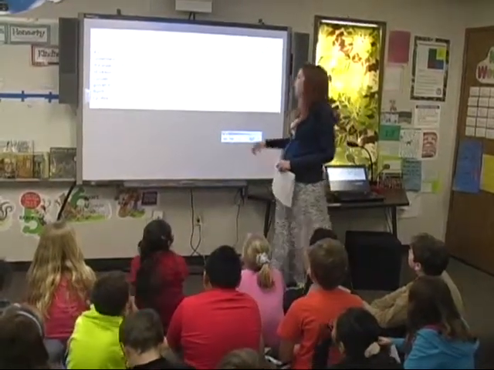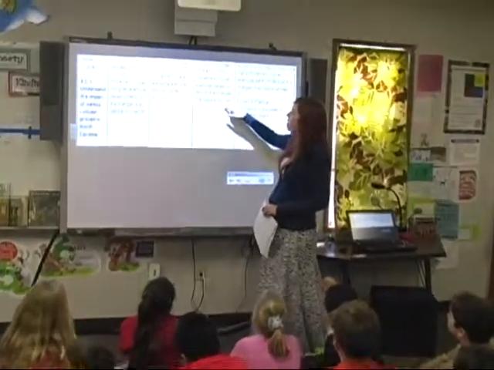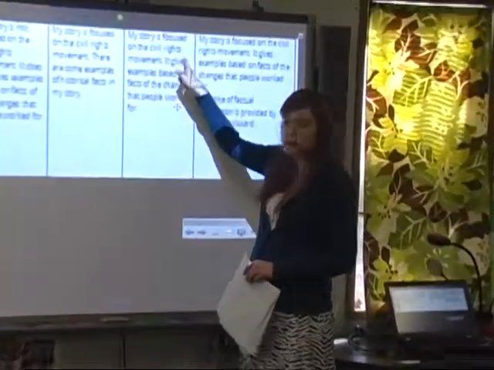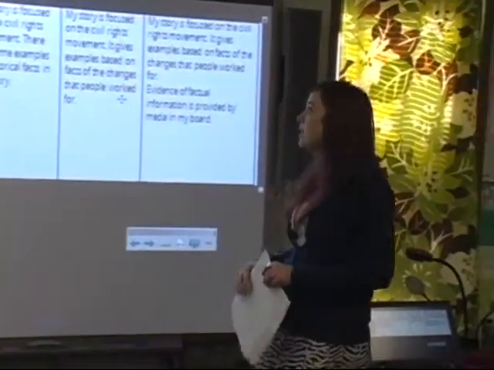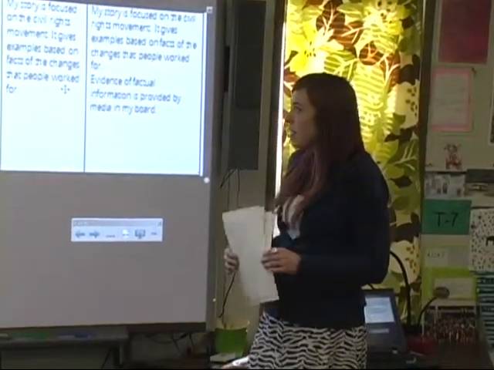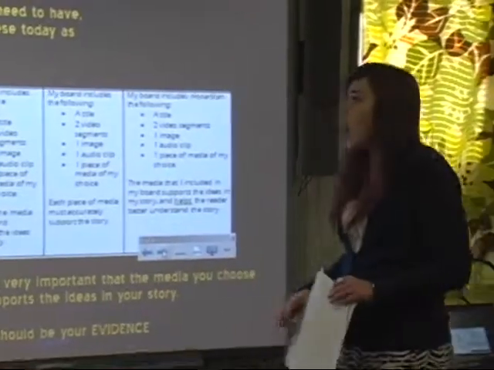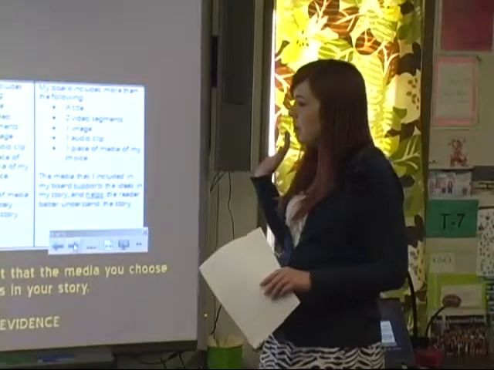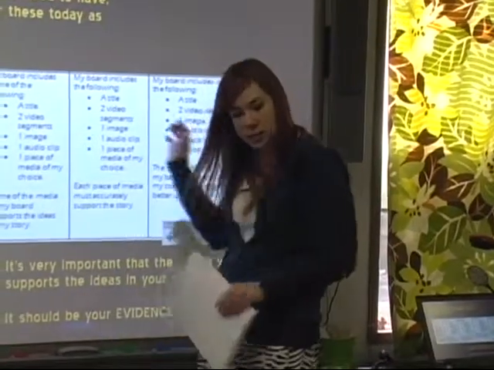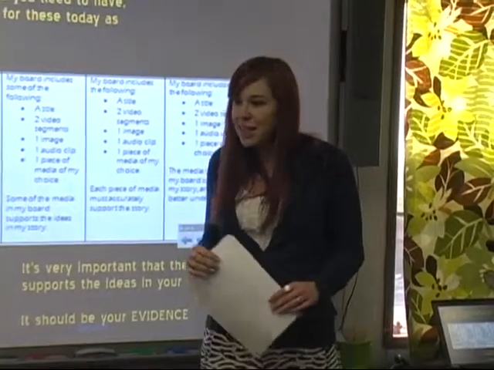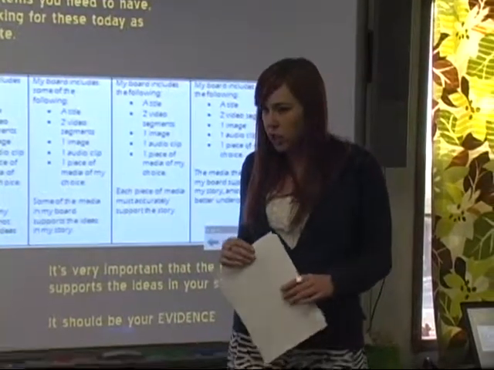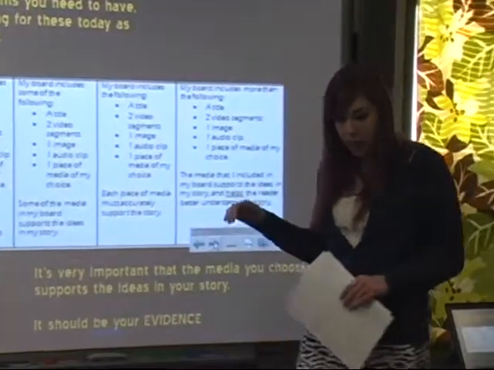Yes, ma'am. Excellent. So to get a level 3 on that, your story needs to be focused on the civil rights movement, and you need to give examples. Pictures. Excellent. Yeah, you got it. All right, and this is my last part of the rubric, which I think might be the most important part of the rubric, because it tells me all of my expectations for what needs to be on my board builder.